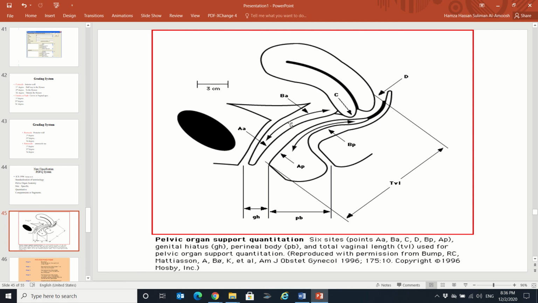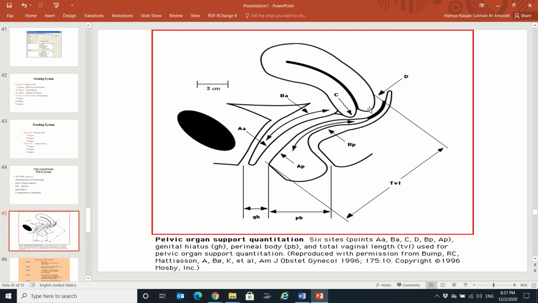Now, how do we describe the prolapse for the enterocele, for example? This is the D point. The D point is usually 1 to 2 centimeters above the C point, 1 to 2 centimeters above the cervix. So this is -8, -9.